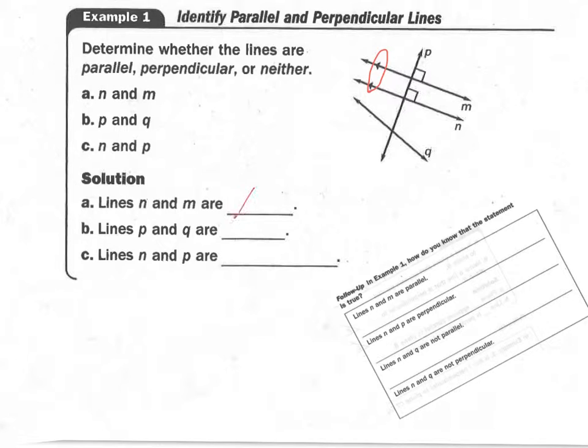So M and N are parallel. And P and Q. Notice that they intersect right here where the red dot is. So they're not parallel. At the intersection, there's no indication that this angle is 90 degrees. The author did not give that to us. So therefore, we draw the conclusion that they are neither.